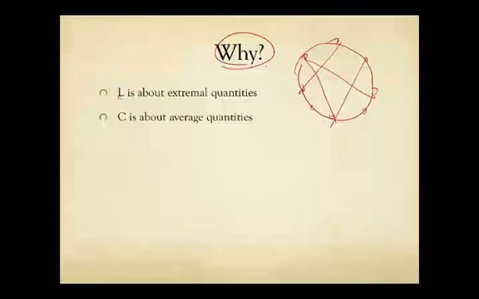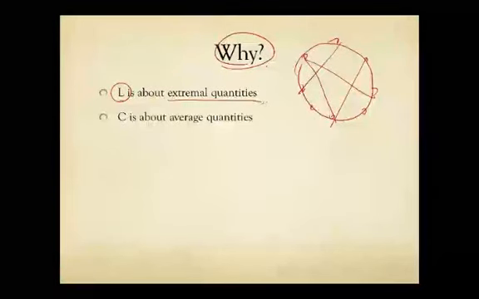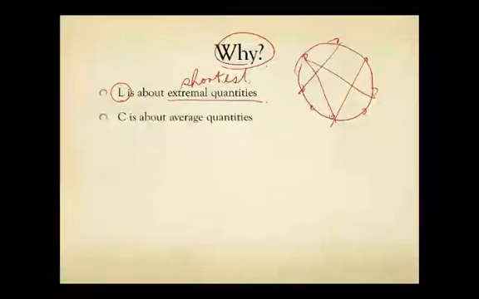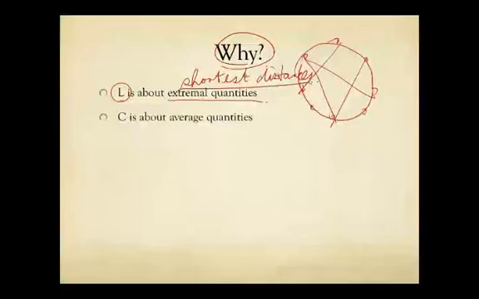Well, it turns out that's because our definition of L, as you recall, is about an extremal quantity. This is the median of the shortest distance. I am not talking about all the paths between two nodes. I'm talking about the shortest path between two nodes, and looking at the median of that quantity. In contrast, C, the clustering coefficient, is about an average quantity.